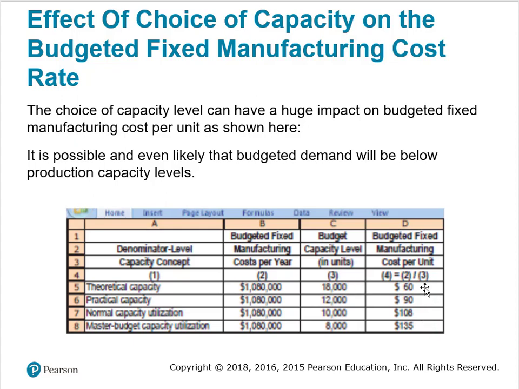And this is the difference in the budgeted fixed manufacturing overhead costs. So the range is from $60 per unit to $135 per unit. So remember too that you're adding this cost per unit to the variable manufacturing cost per unit to obtain a total budgeted manufacturing cost per unit. So how should a company choose the capacity level to use? What do they do?